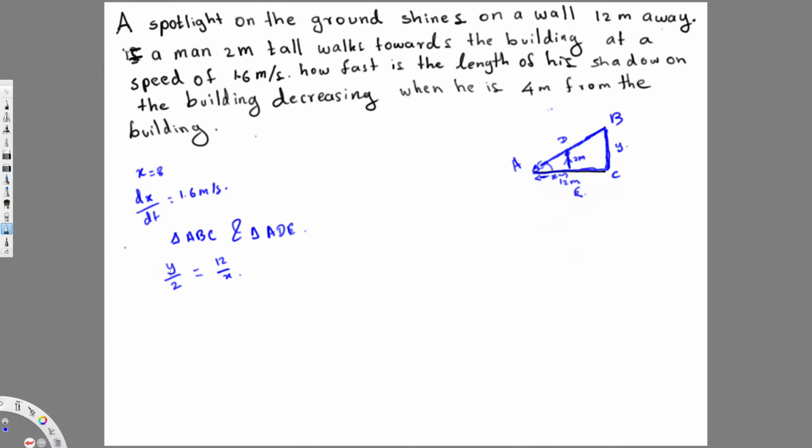Now I have to create an equation in terms of y. The question is dy/dt. If I take this distance y, this is the change of the shadow. As the man moves toward this building, the shadow is going to come down. So that's what they're asking, dy/dt.